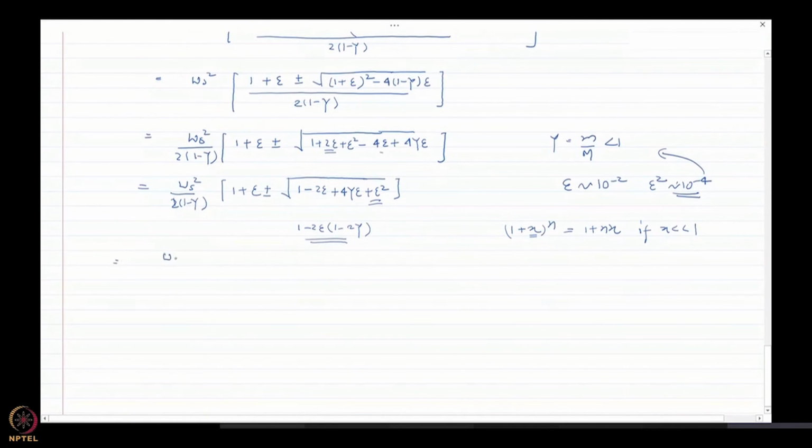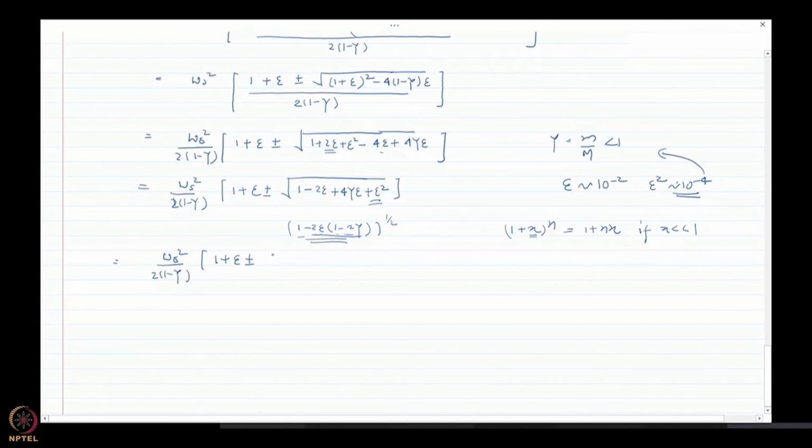Okay, so let us do that. So I have omega s square 2 times 1 minus gamma times 1 plus epsilon plus minus. This term is gone. I am remaining with this term here, and if I take the whole root of this one, it would be 1 minus half times this quantity here.